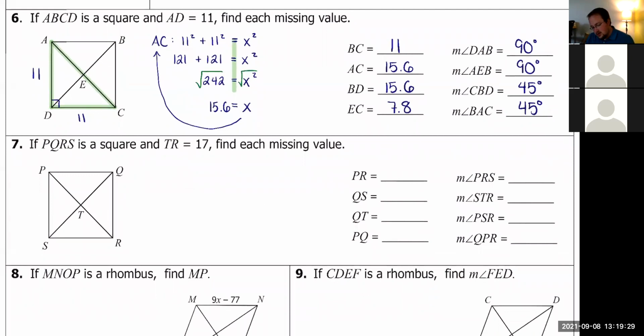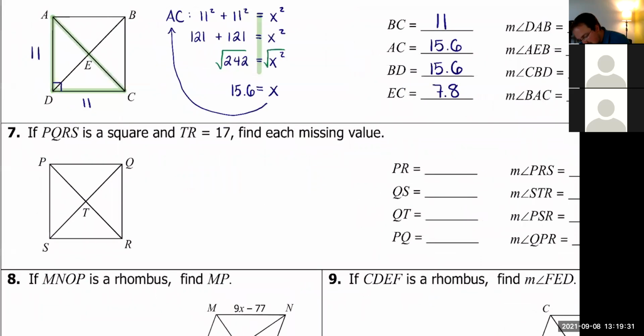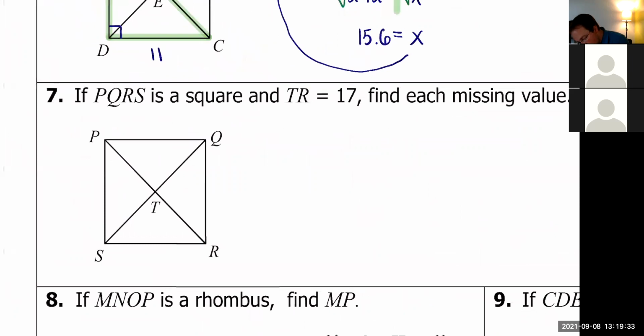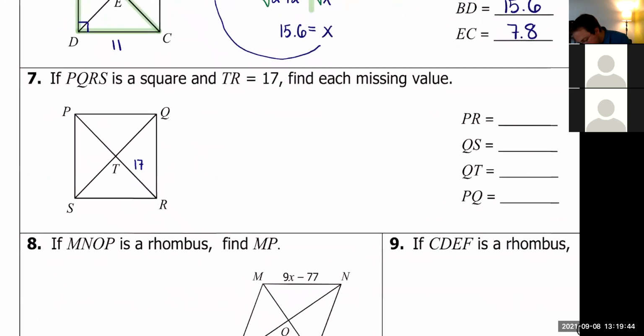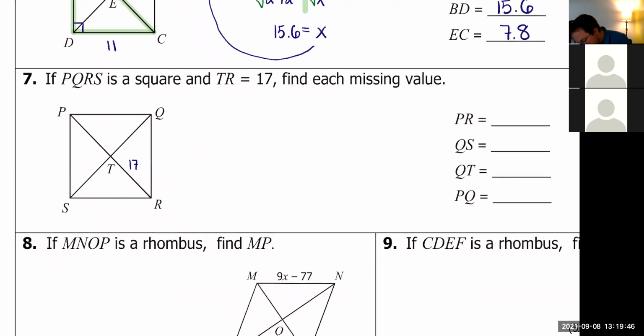Second square here, it's telling us that PQRS is a square, and TR, which is inside here, is 17. Find each missing value. Well, let's see. PR, which is the entire diagonal. 24.